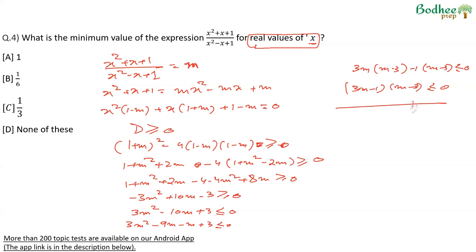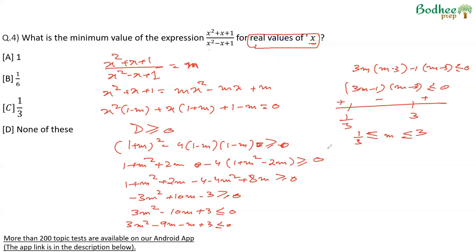So critical points: m minus 3 is 0, m is equal to 3; 3m minus 1 is 0, m is equal to 1 by 3. Positive, negative, positive. So m will lie between 1 by 3 and 3.